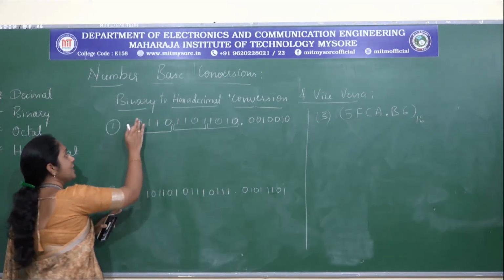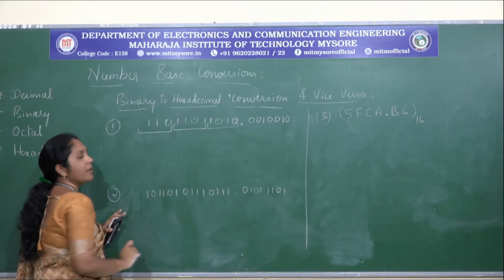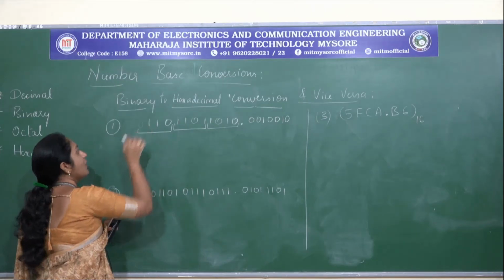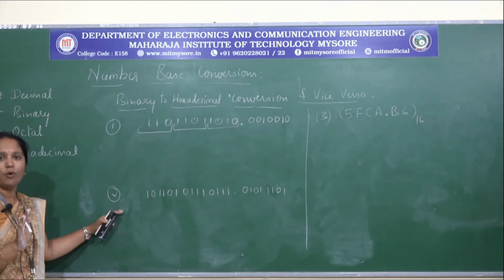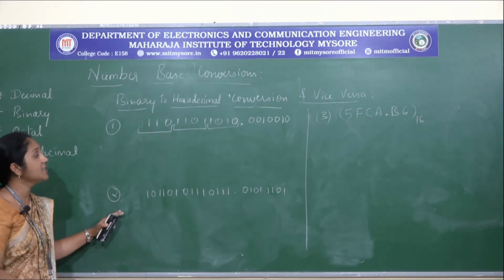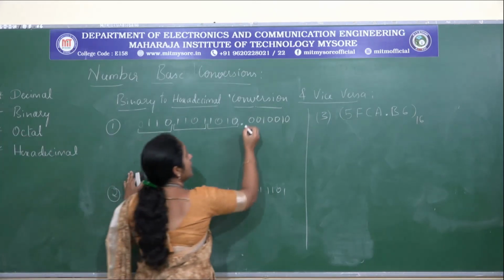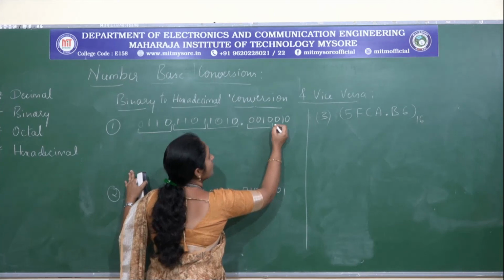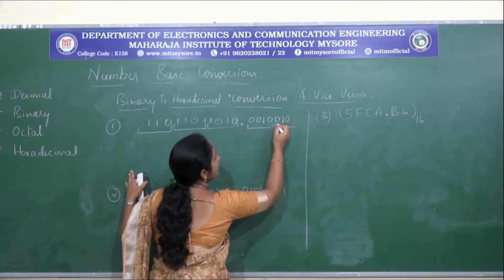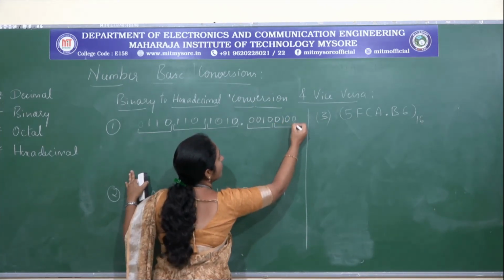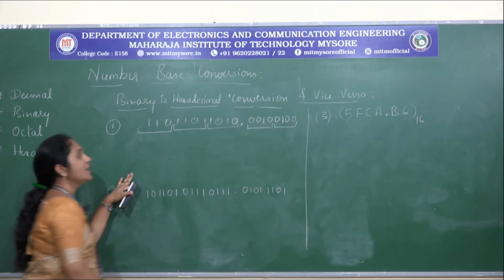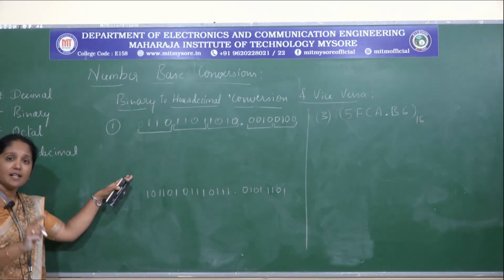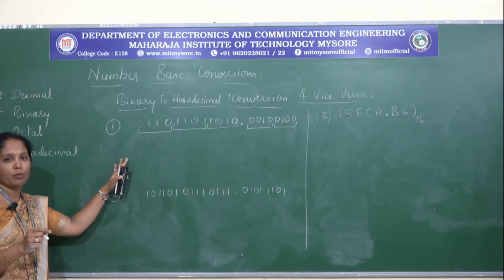Otherwise, if you have only 1 1 0, you are supposed to add one more 0 in order to get 4 binary digits. Let us complete the grouping on the right side of the binary point also. Here we have 0 1 0, we need to add one more 0. Now let us write the hexadecimal equivalent of these 4 bits.